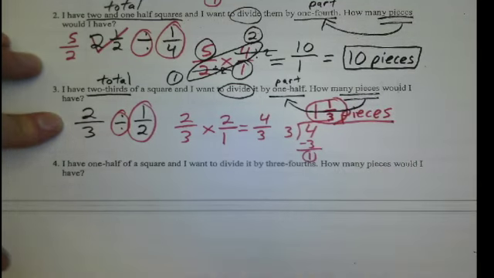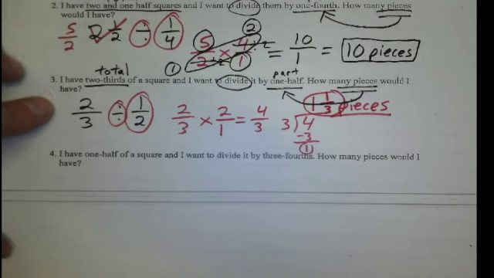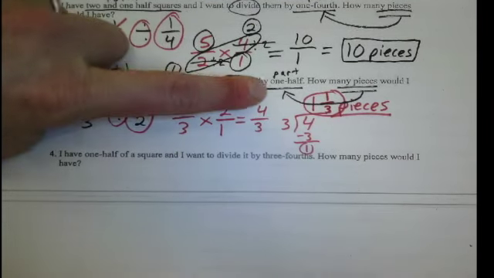Don't forget to label. I almost forgot to label that one. 1 1/3 pieces is what I've got for that one. The total was 2/3 and the part was 1/2 there.